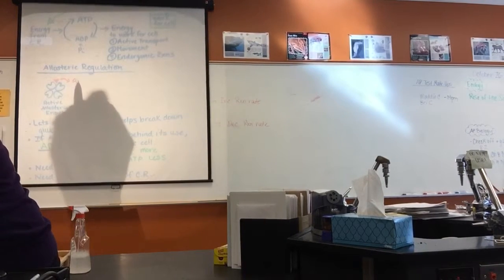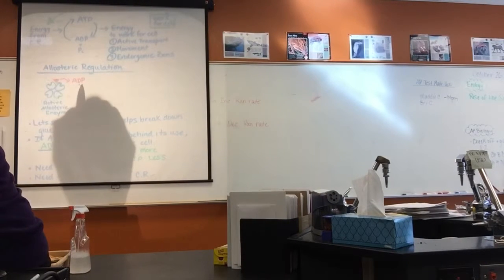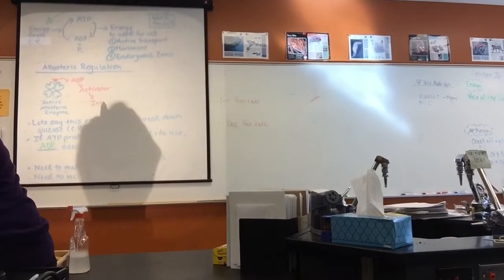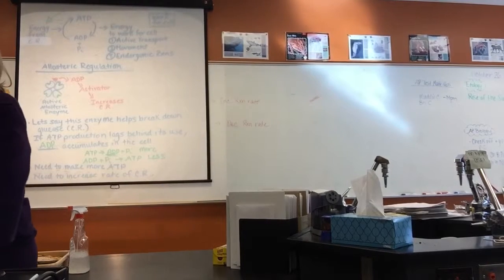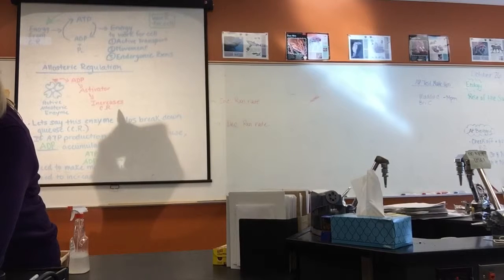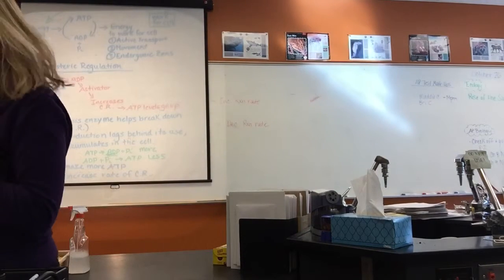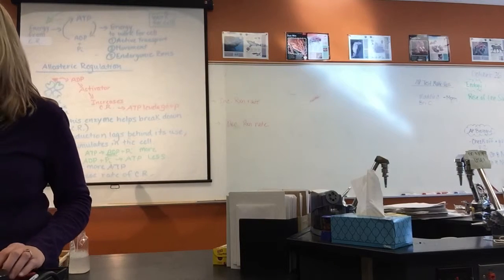So this is ADP. It binds to the allosteric site, acts as an activator, which then increases cellular respiration in the cell. Which, if it increases cellular respiration, is going to generate energy to make more ATP. All right, so ATP levels go up in the cell, which is what we want to do.